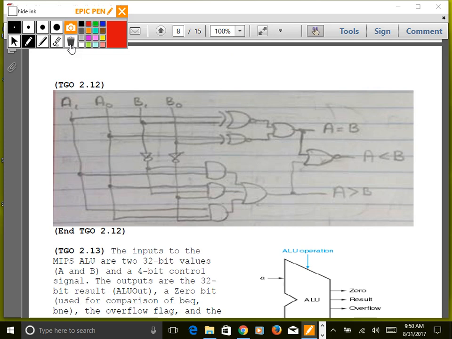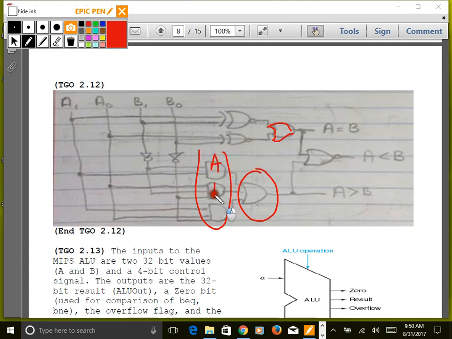Yes? Sure. Which one? At the end, right before A equals B. Oh, A equals B? Yeah, that's an AND. Oh, I'm sorry, that's a terribly drawn OR gate. Let me be clear. OR. And then these bottom 3 are AND gates, and that's an OR gate.